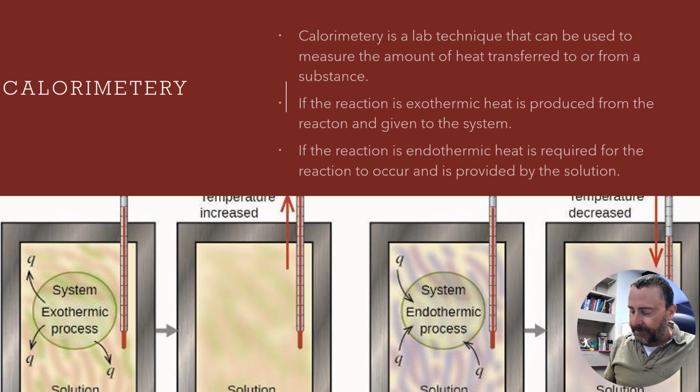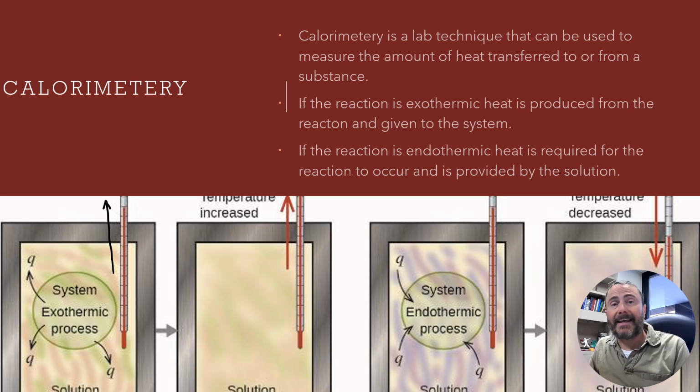Over there on the left-hand side, I have a system which is an exothermic process, and so heat is given off into the surroundings. When heat is given off into the surroundings, we will see that as an overall temperature increase. On the right-hand side, that is where we have an endothermic process.